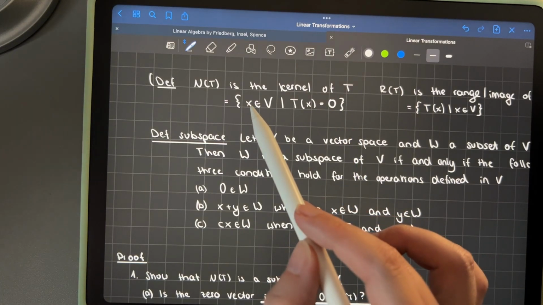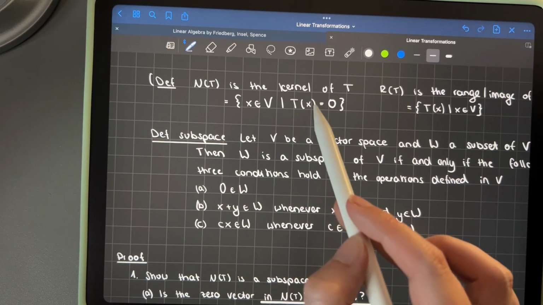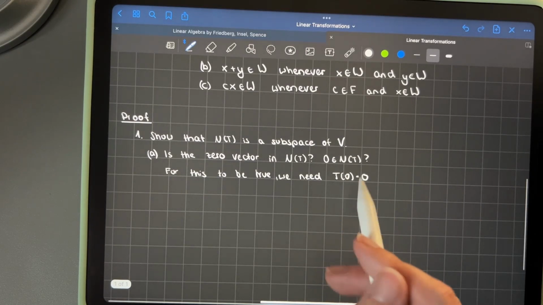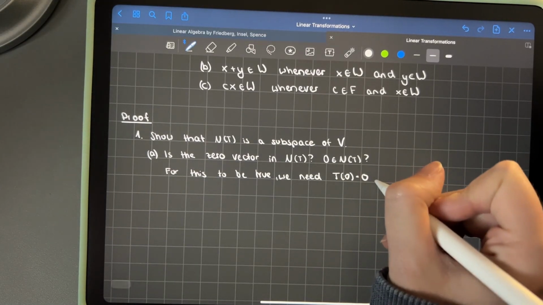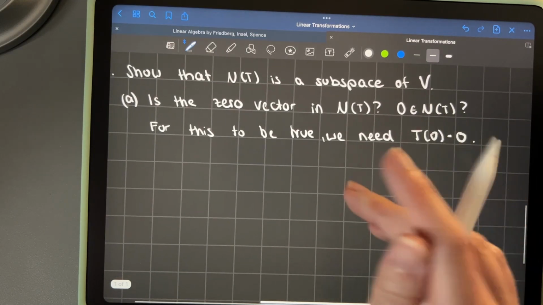So if 0 is in there, then we have to insert 0 for x, which gives us this equation. So that's what we need to show for this to be true.